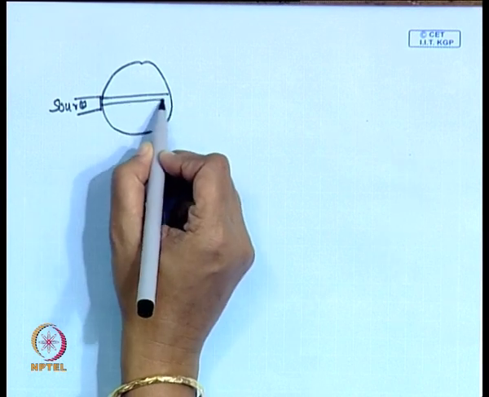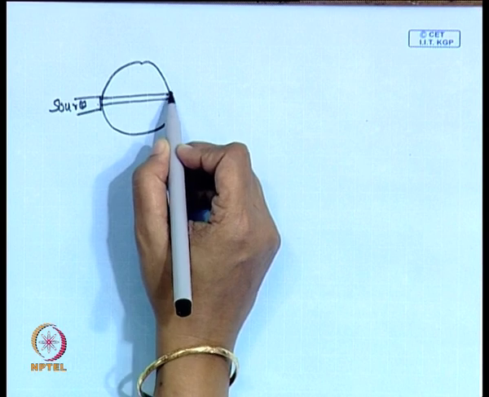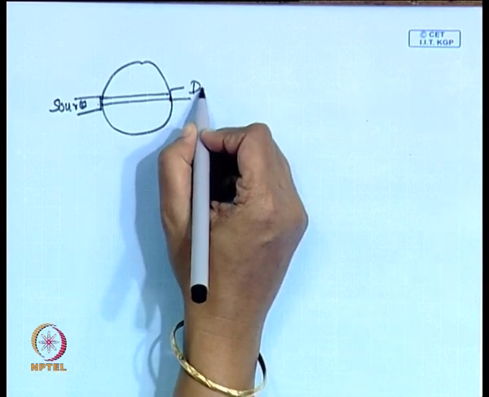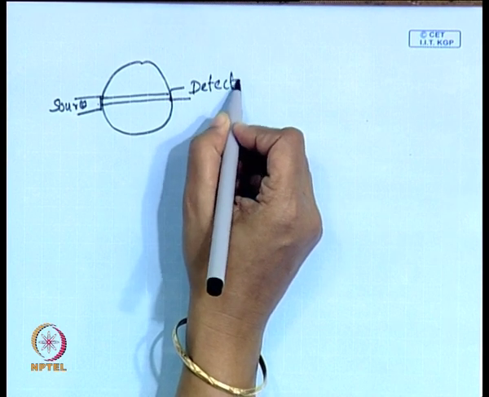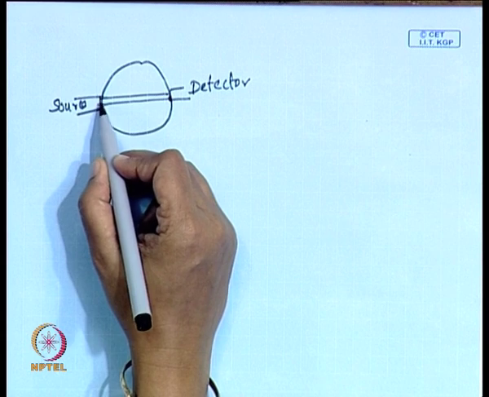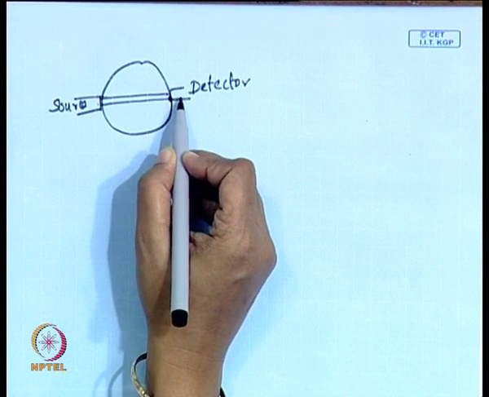The gamma rays penetrate through the wall, flow through the flow passage, and then at the diametrically opposite point there is a detector. While it is flowing, the beam penetrates the wall, the two phase mixture and the other wall and reaches the detector.